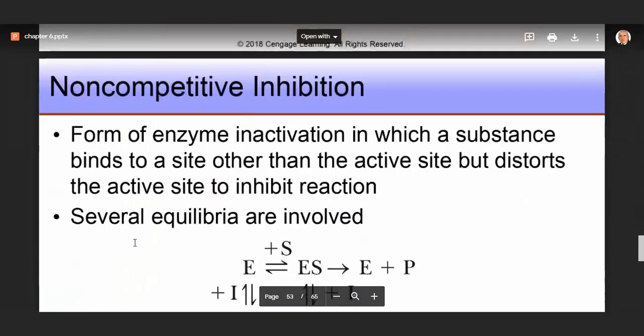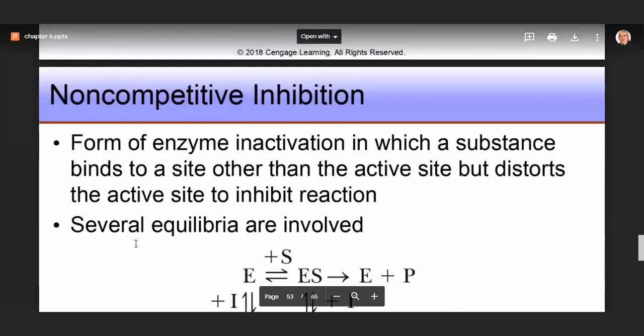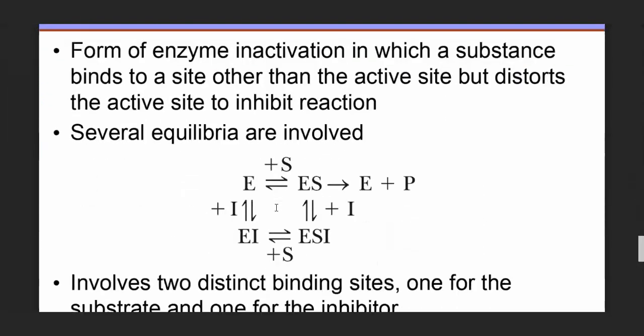In the second type, called non-competitive inhibition, a form of enzyme inactivation in which an inhibitor binds to a site other than the active site but distorts the active site to inhibit the reaction.